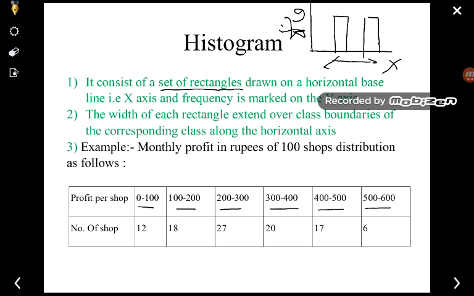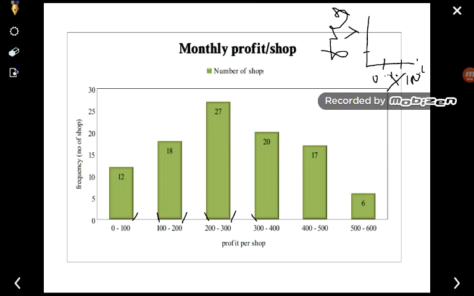The frequency starts from 6, and the highest value is 27. So it should be plotted from 0 to 30, so 5, 10, 15, 20, 25, 30 scales can be considered.